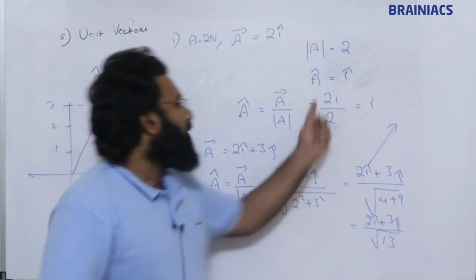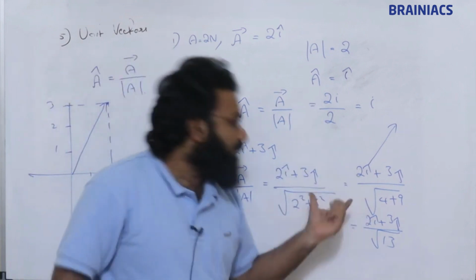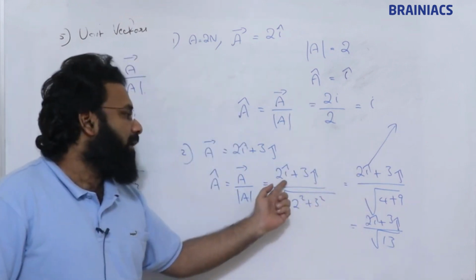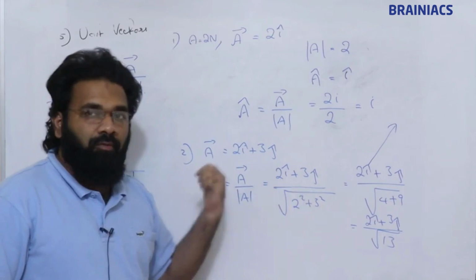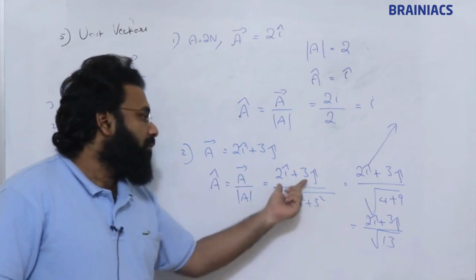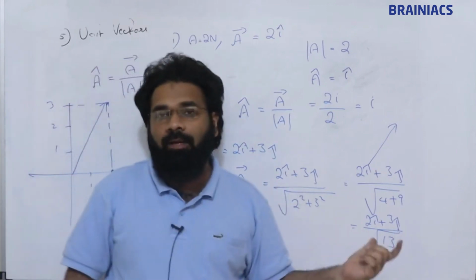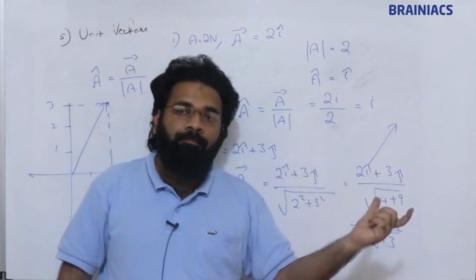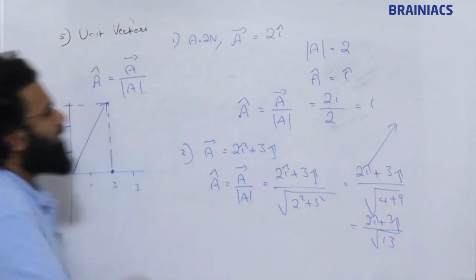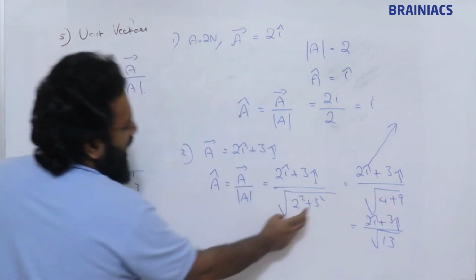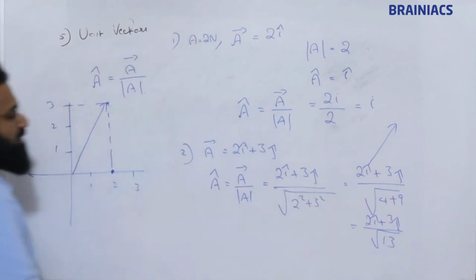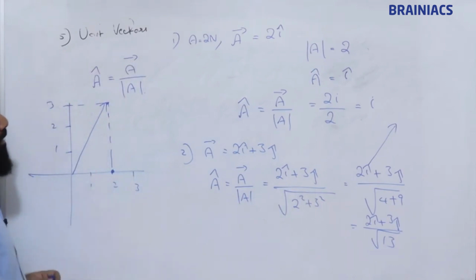Here we have not directly divided by 2 and 3. Why can't we divide by 2 and 3? We cannot do that. We need to find the modulus of the vector here. How this formula came, all these things we will study later. I am just directly telling you some formulas. Clear?